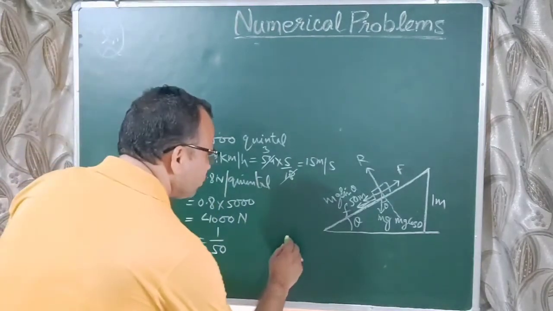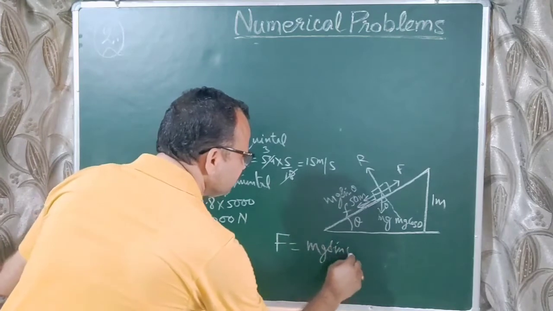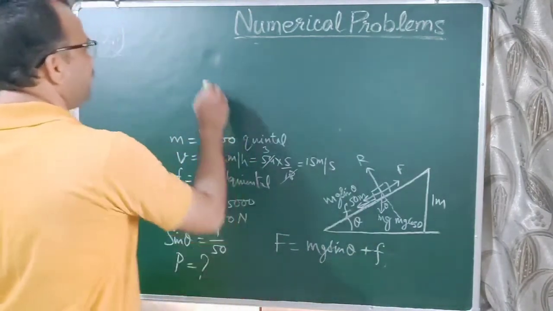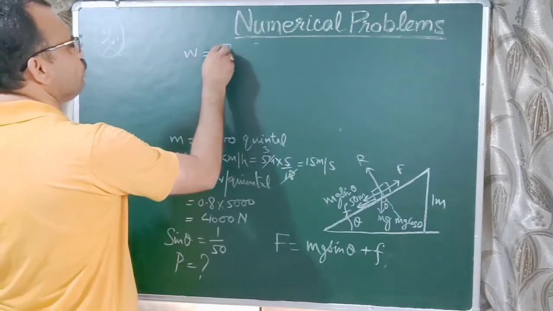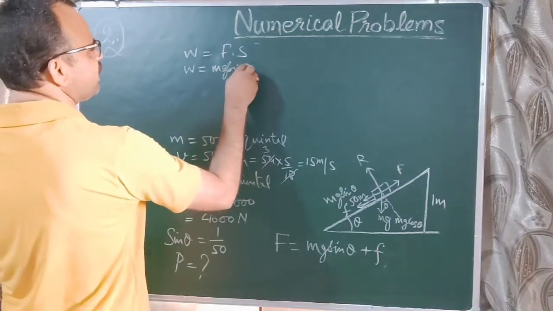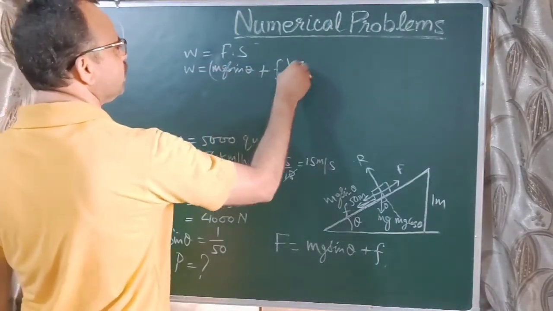Applied force is equal to mg sin theta plus f, and W is equal to force into displacement, mg sin theta plus f, and this is the displacement.